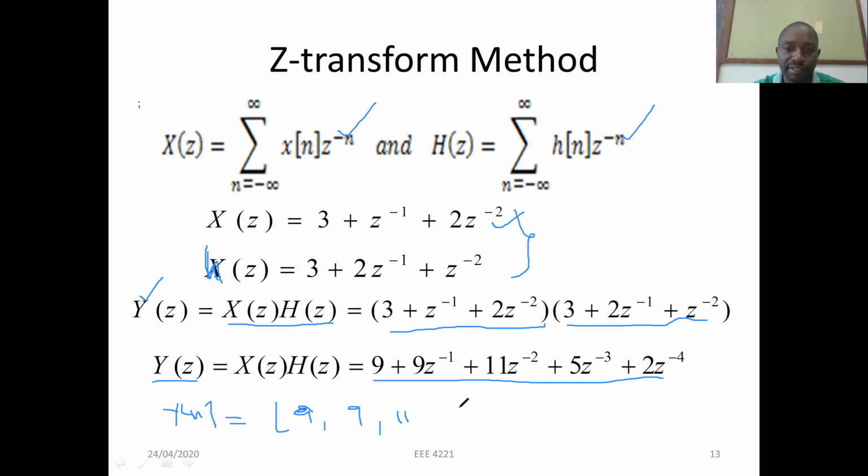The 5 here, you just take the coefficients, and then you have 2 here, and then you close. So you will notice that this solution is similar to what we got under the analytical method, similar to what we got under the tabular method, and here we have it now even under Z-transform.